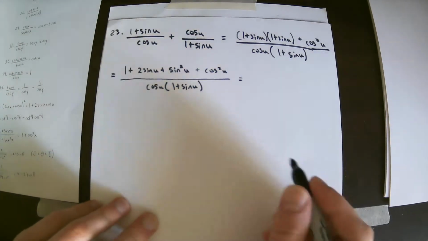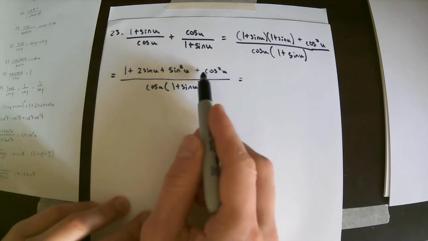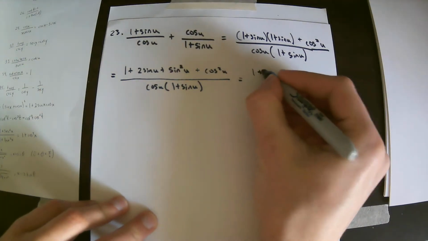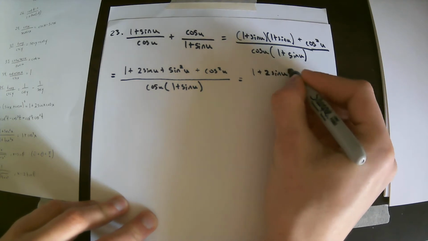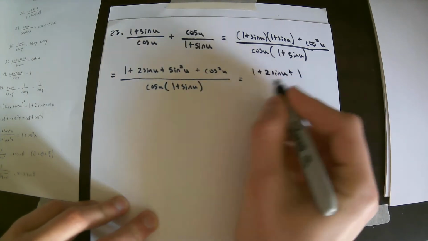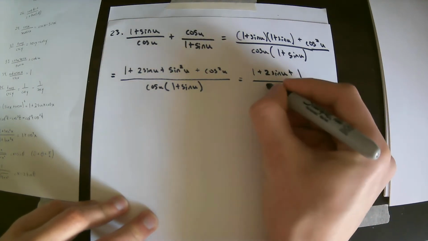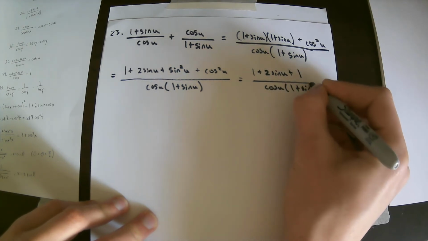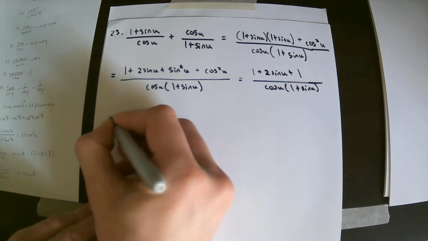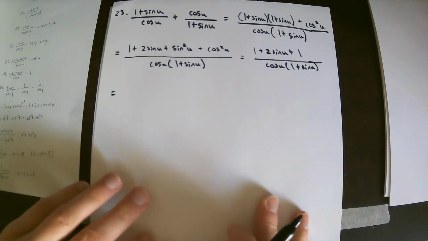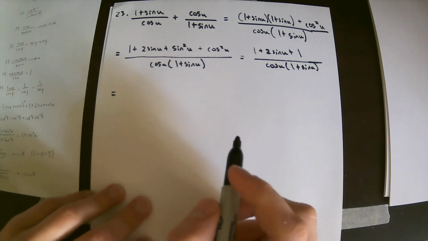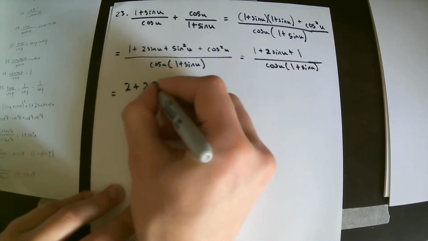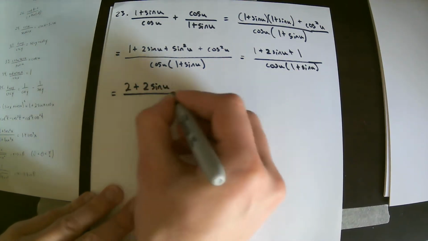Now, sine squared plus cosine squared is 1, so I've got 1 plus 2 sine u plus 1, these both just turn into a 1, over cosine u times 1 plus sine u. Then I'm going to have 2 plus 2 sine u. So all I did there was add 1 plus 1.